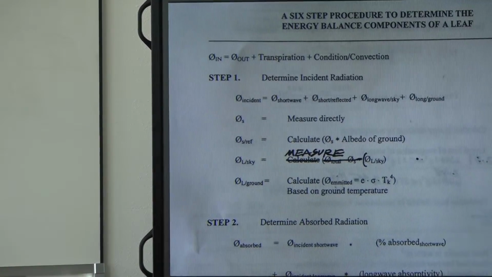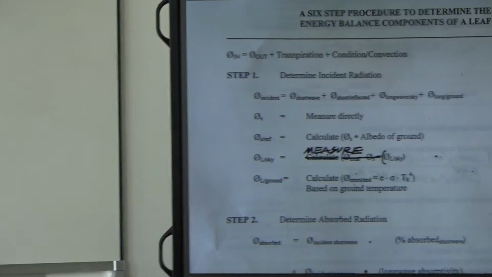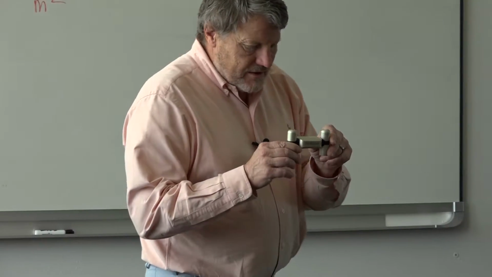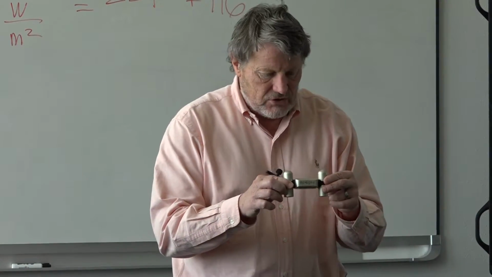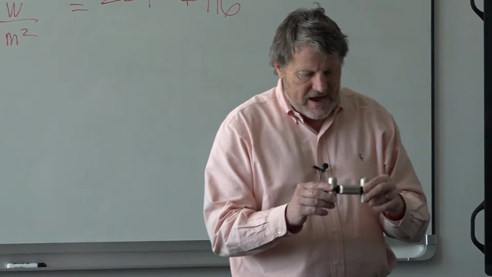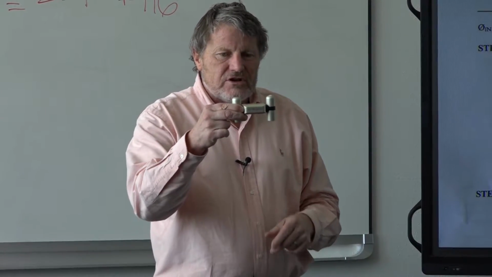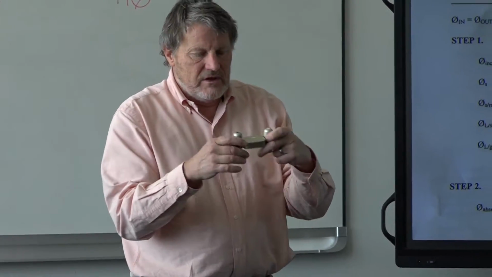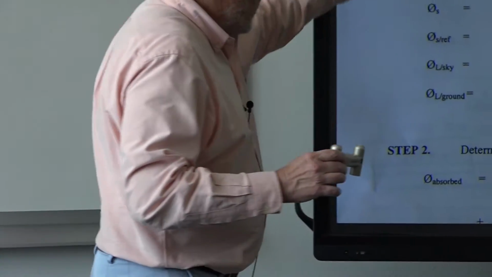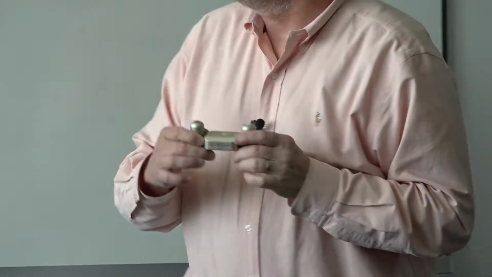And here is an example of a new model instrument to do this. There's several companies that build these. This is one more compact one. So you can see this has 4 sensors, 2 on the top, 2 on the bottom. This does all of these components of net radiation.